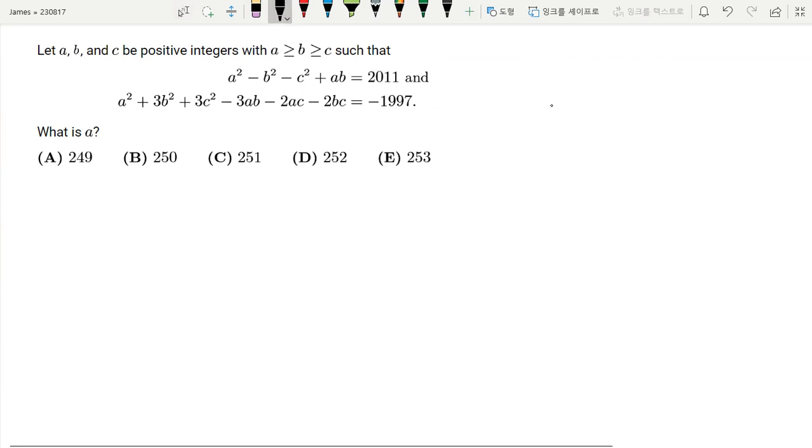And this problem is asked frequently in Korean math, but it's interesting. AMC have this type of problem.